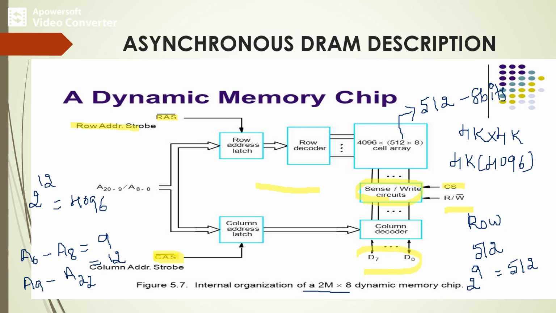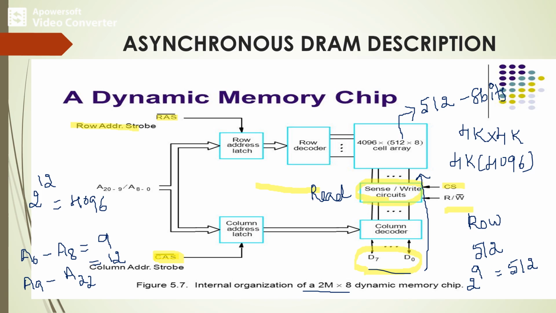So whenever the selected operation is a read operation, the data from the memory cell will be copied into the data lines D0 to D7. For a write operation, the data from the data lines D0 to D7 will be transferred into the respective memory cells.